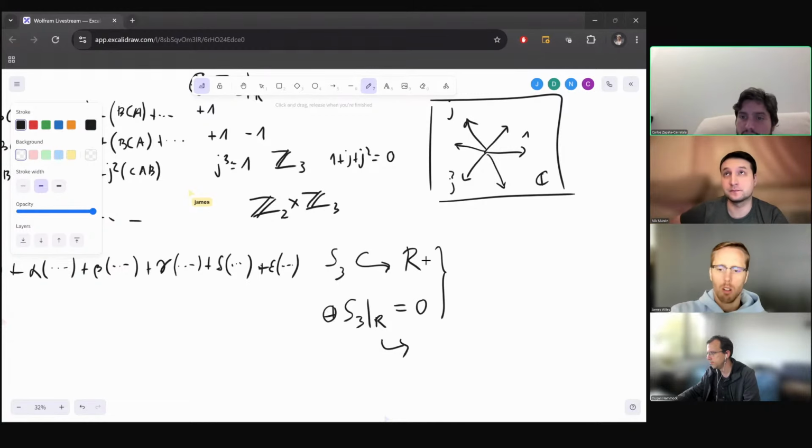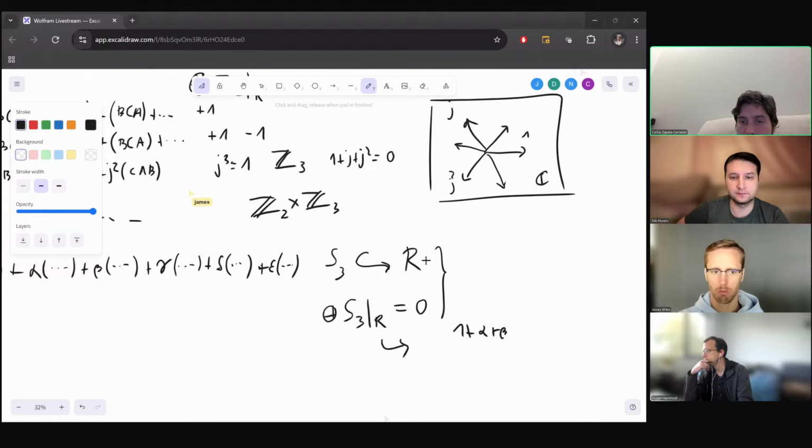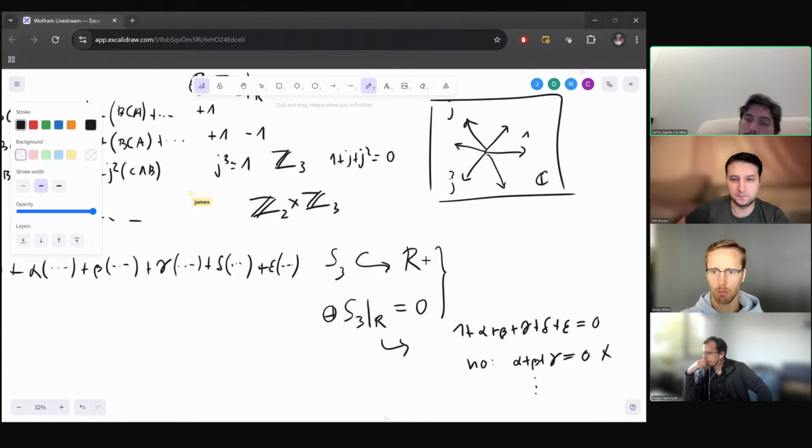That is the constraint. So the constraint is that 1 plus alpha plus beta plus gamma plus delta plus epsilon equals 0, but no, for example, alpha plus beta plus gamma equals 0. So this is not allowed, right? You demand the top equation, but none of the bottom ones, right?